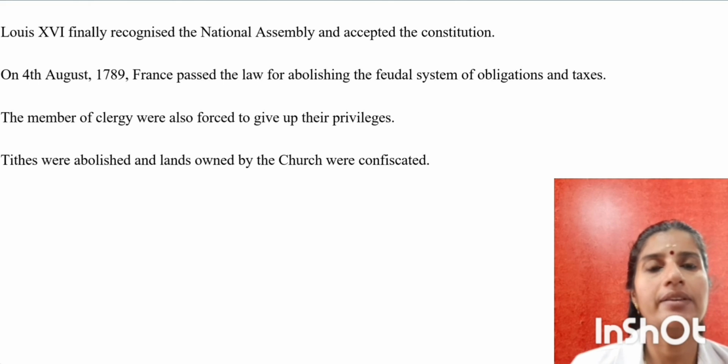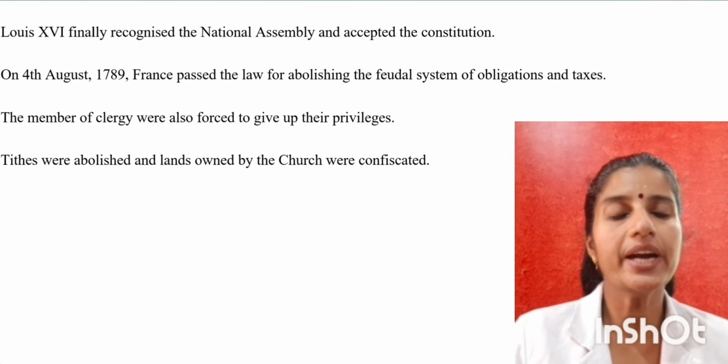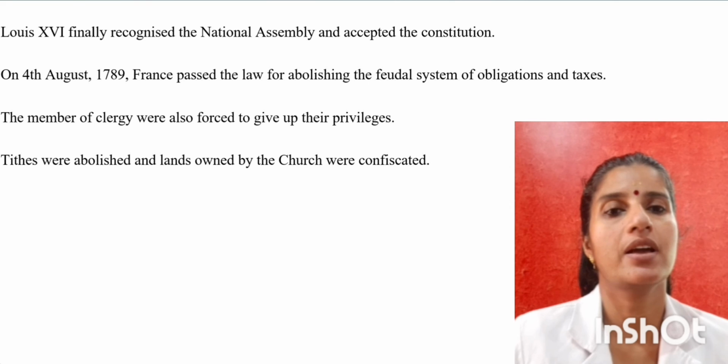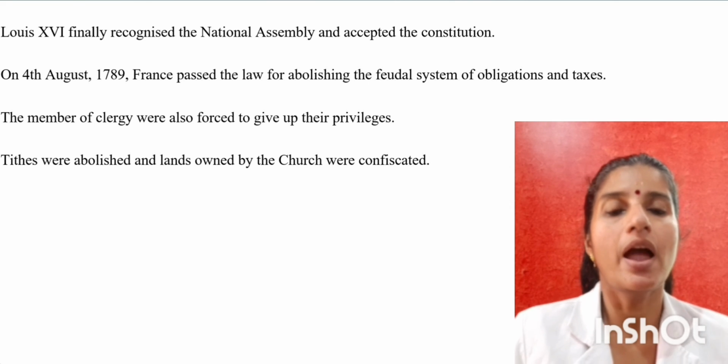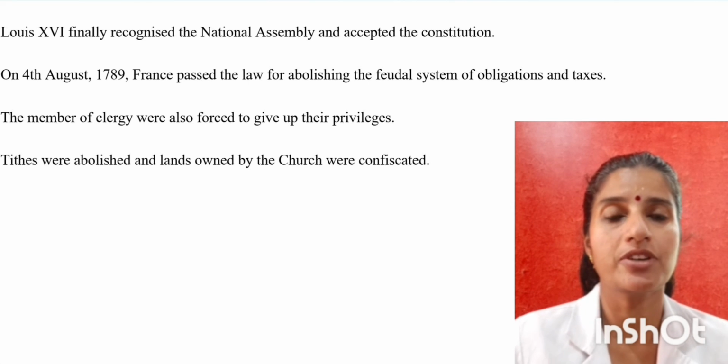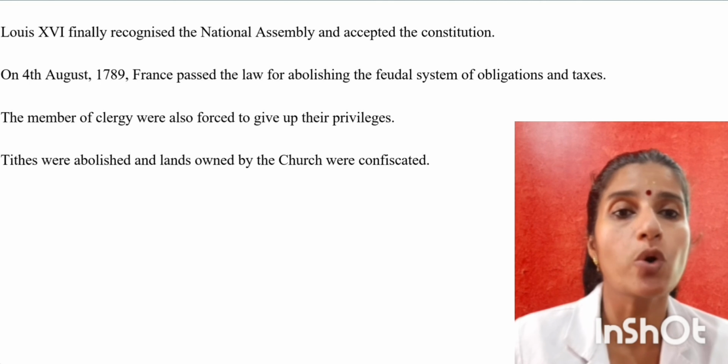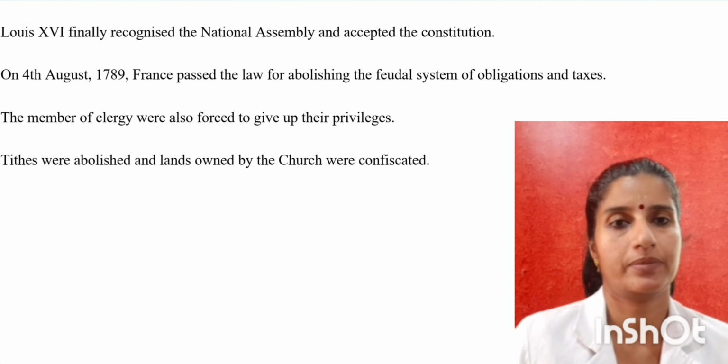And we have seen that the revolution spread from the cities to the rural areas. Fearing the power of the revolting subjects, King Louis XVI finally recognized the National Assembly and accepted the principle that his powers would now be controlled by the Constitution.